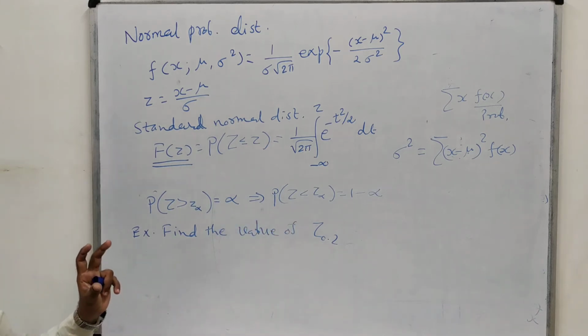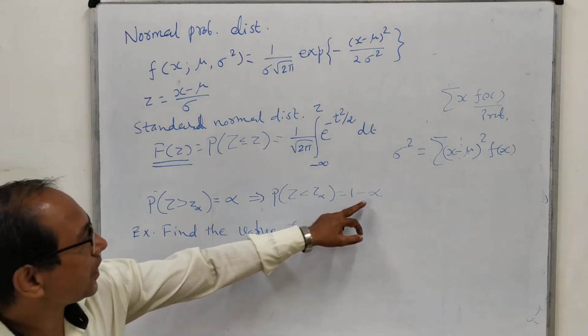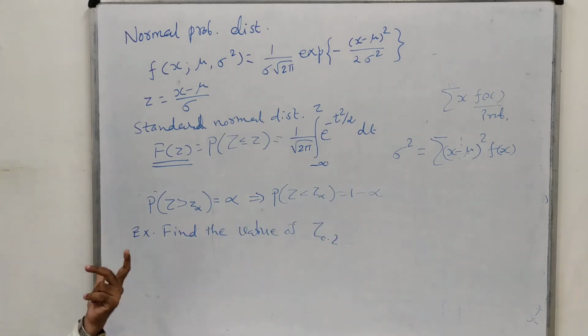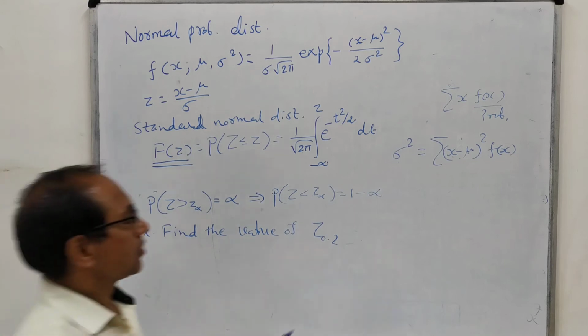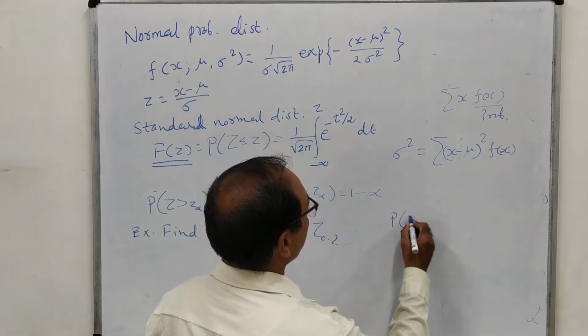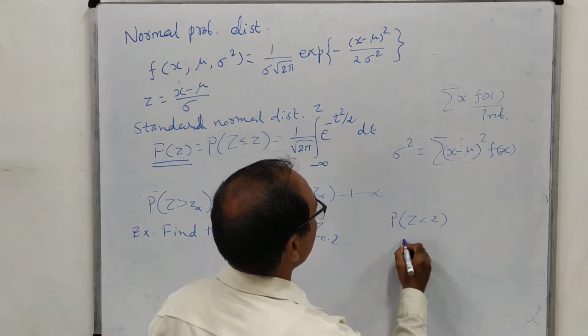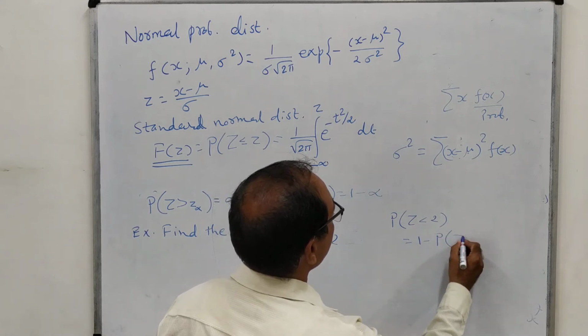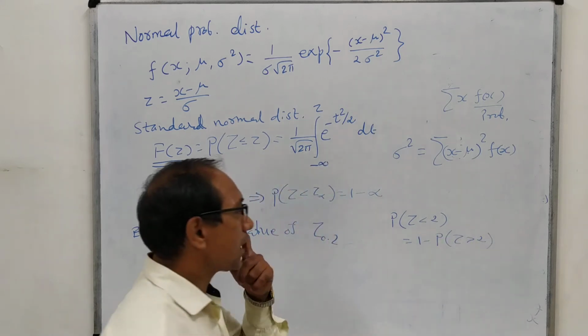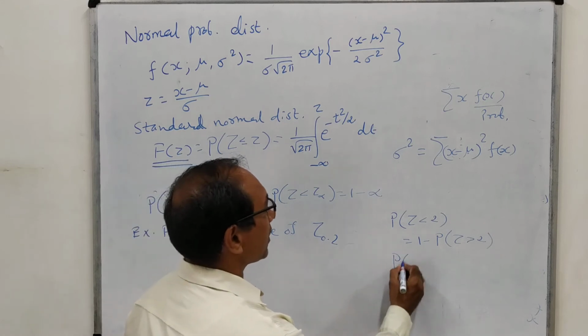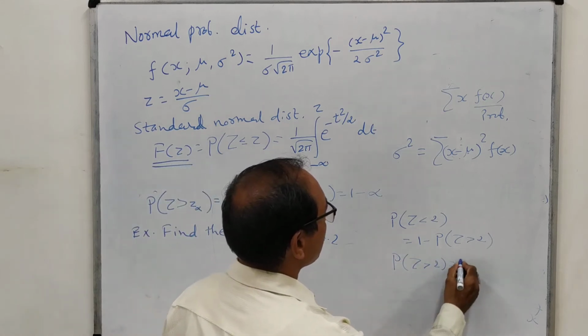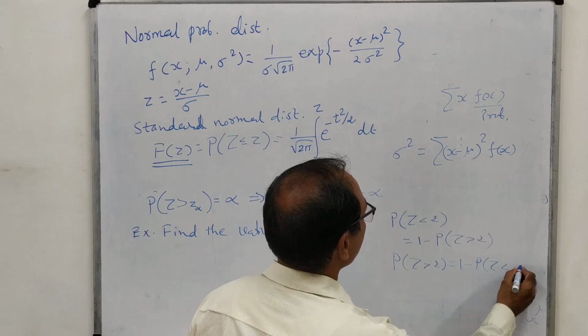That means the whole area is 1. So we are separating alpha from 1 for less than Z alpha. So if we are asked, suppose, sometimes the probability of Z less than 2, then this is nothing but 1 minus the probability of Z greater than 2. Both are the same thing. Or if the probability of Z greater than 2, then this is 1 minus the probability of Z less than 2.